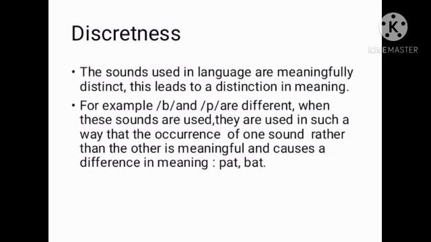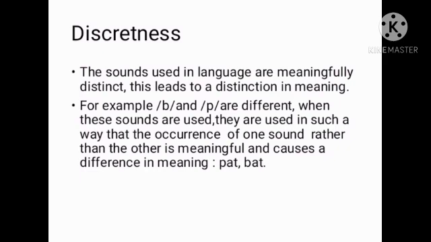For instance, in the words pat and bat, we can see that the a sound and t sound are the same. But we can say that the difference in meaning is because the p sound and b sound are different.